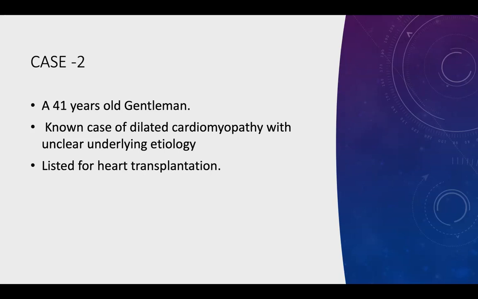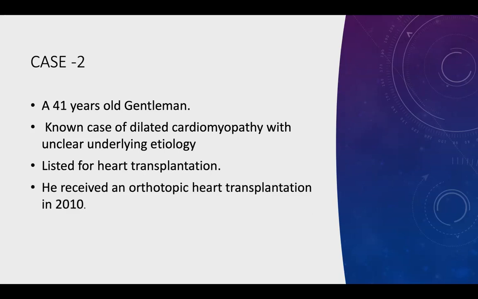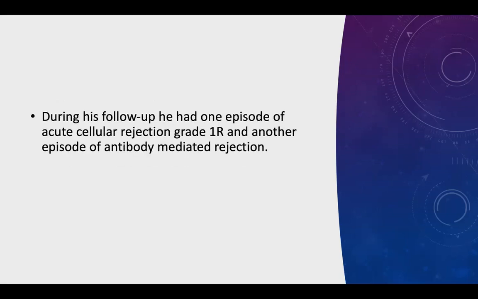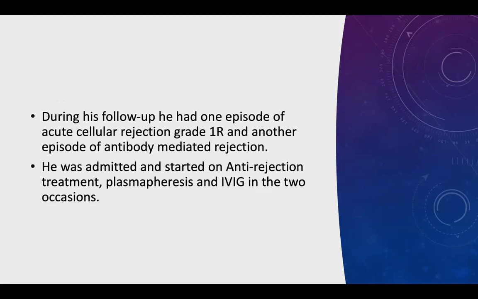So all these are diagnosed and found out in this patient. He got listed and he received a heart. After a couple of years, he got acute cellular rejection, and he responded to the treatment, and he again got another rejection, and it was R2+.